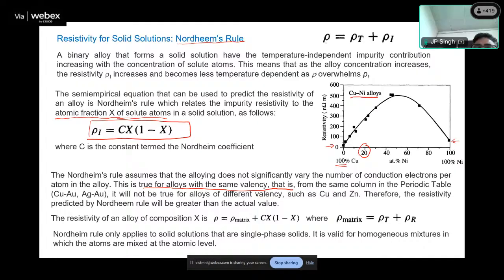If I know the atomic fraction, I can determine the resistivity because of this inclusion. So what is the total resistivity of the alloy? The total resistivity will be simply that of the matrix, the copper, plus the resistivity because of the binary alloy we made.